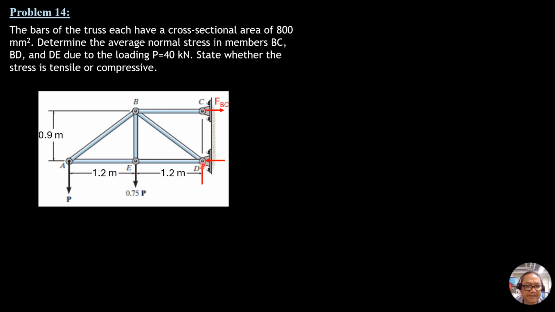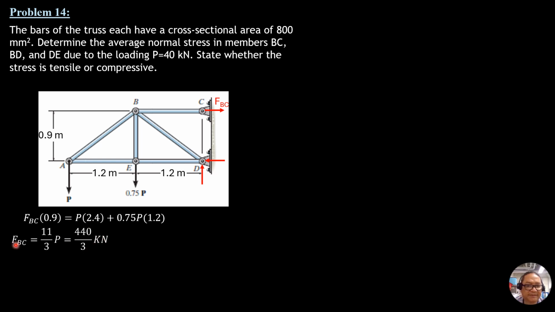FBC times 0.9 equals P times 2.4 plus 0.75 times 1.2. So solving for FBC, and remember P is 40, FBC is equal to 11 over 3 P, so 11 over 3 times 40, that's 440 over 3 kilonewtons, and we convert that to newtons.